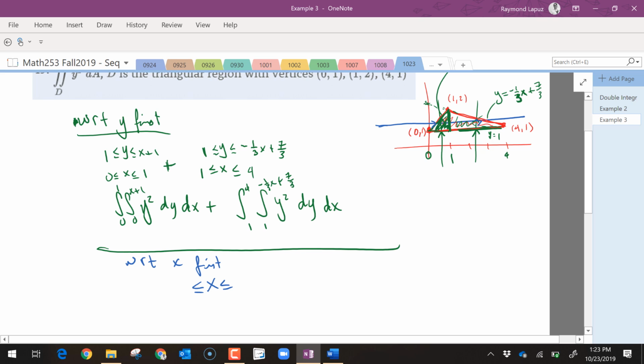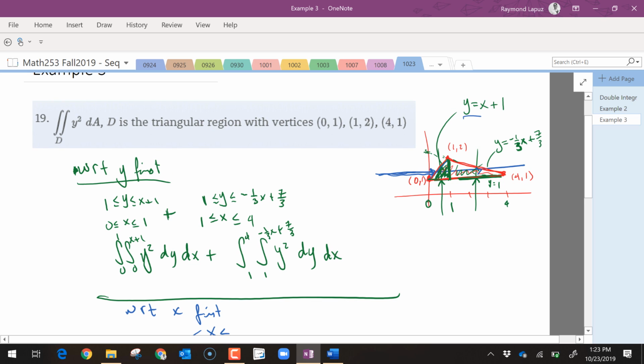So I would be running along here parallel to the x-axis, and I would hit my region at this graph, but I want this graph in terms of y. So x equals y minus 1.